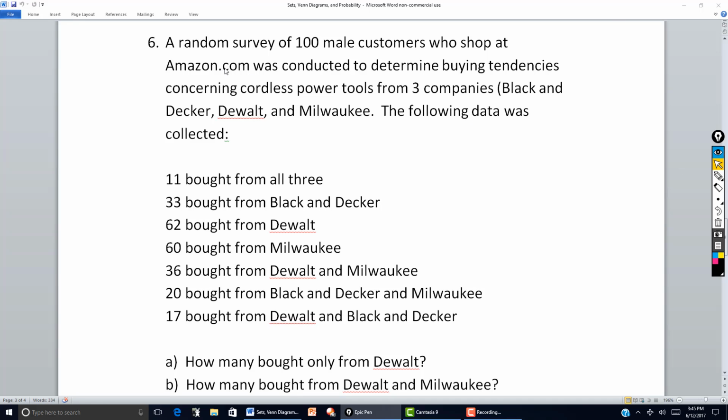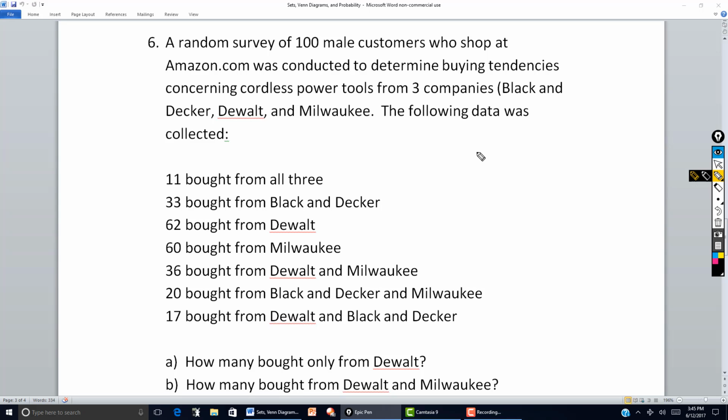Okay, so now we have one. A random survey of 100 male customers who shop at Amazon.com was conducted to determine buying tendencies concerning cordless power tools from 3 companies: Black & Decker, DeWalt, and Milwaukee. The following data was collected, and then they're going to ask some questions on that. In this case, we have 3 things we're looking at, so we're going to have 3 circles.